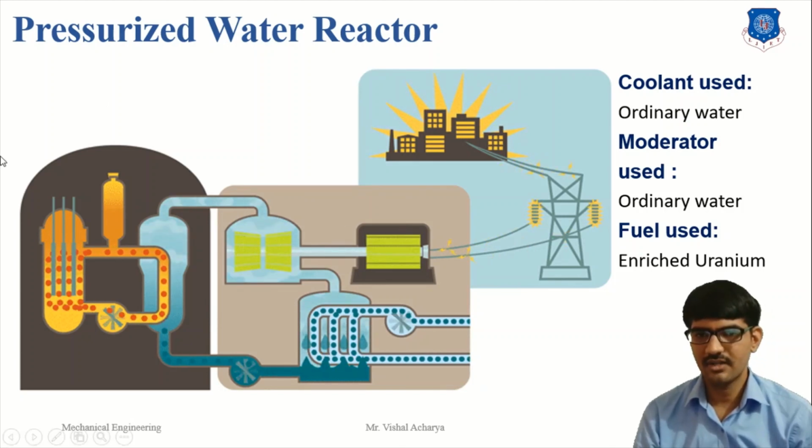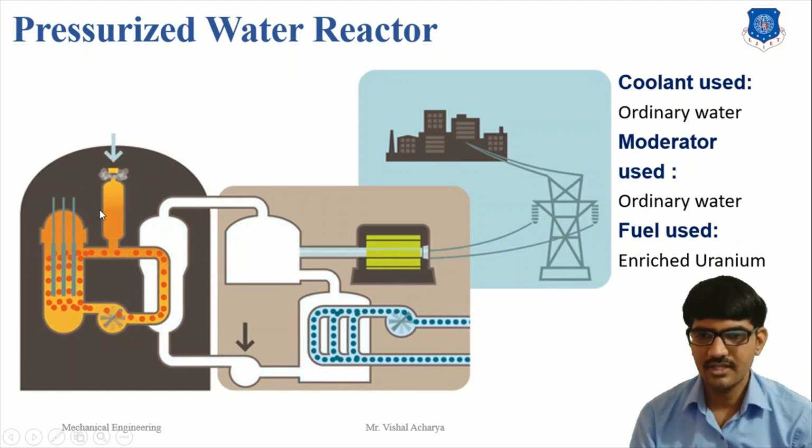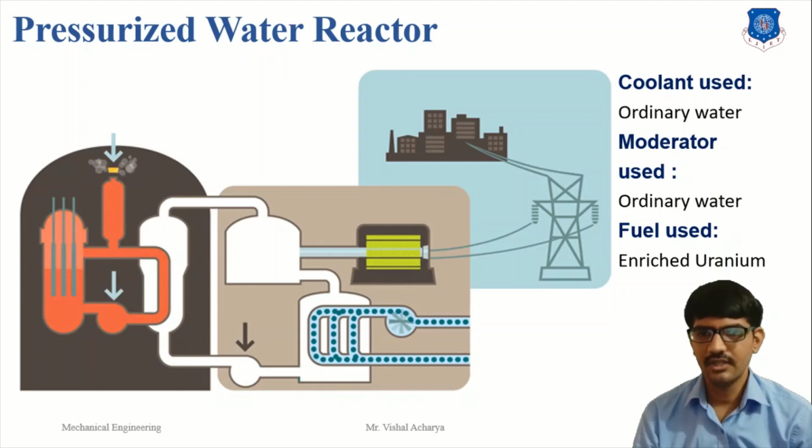In the bottom part of the pressurizer, an electrical heater is present. The electrical heater heats the water to high pressure and temperature, and the water spray in the upper part converts the water to cool water and reduces the pressure.